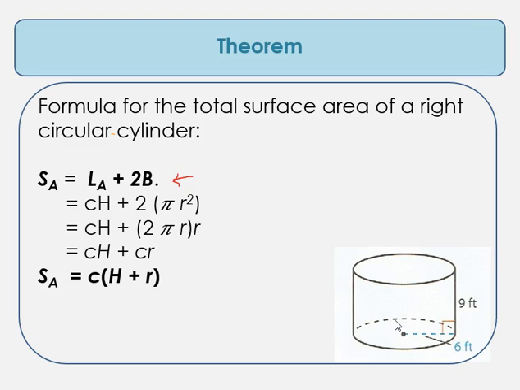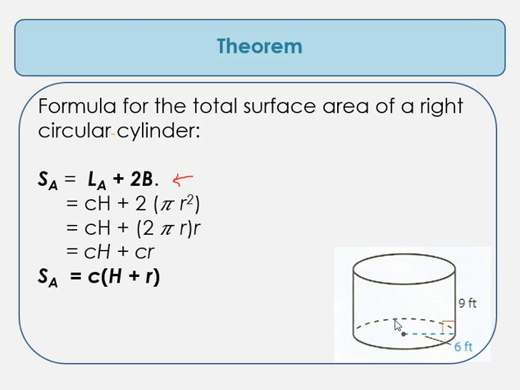first, if we delineate this piece, we can see that we've pulled out the circumference. And in this third step here, we still have CH, but now we have circumference times the radius.